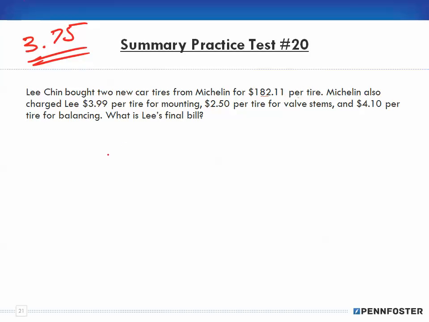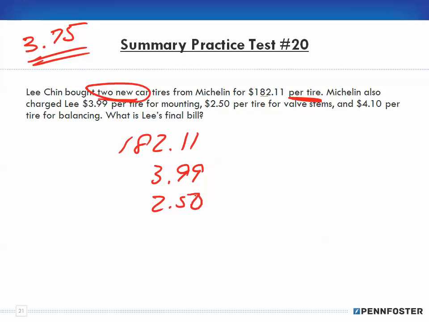So let's see, what's Lee's final bill? The tire was $182.11. Now remember, he's buying 2 new car tires, and these are all per tire amounts, so whatever I'm going to get for a total, I'm going to multiply by 2. So 3.99, 2.50, and 4.10.